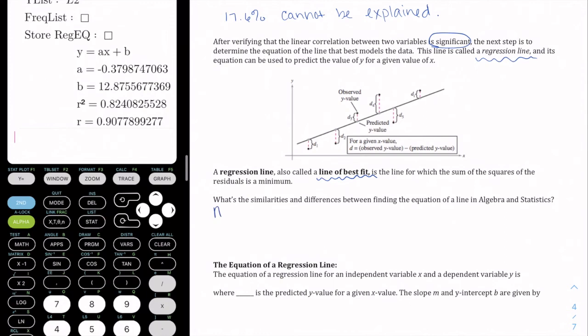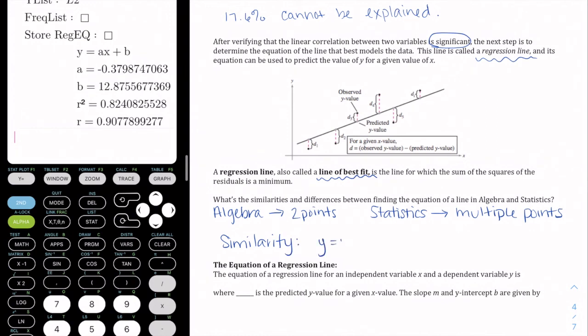So in algebra, we only needed 2 points. And in statistics, we're going to use multiple points. Okay, the similarity is we're still using that equation y equals mx plus b, where m is the slope and b is the y-intercept.